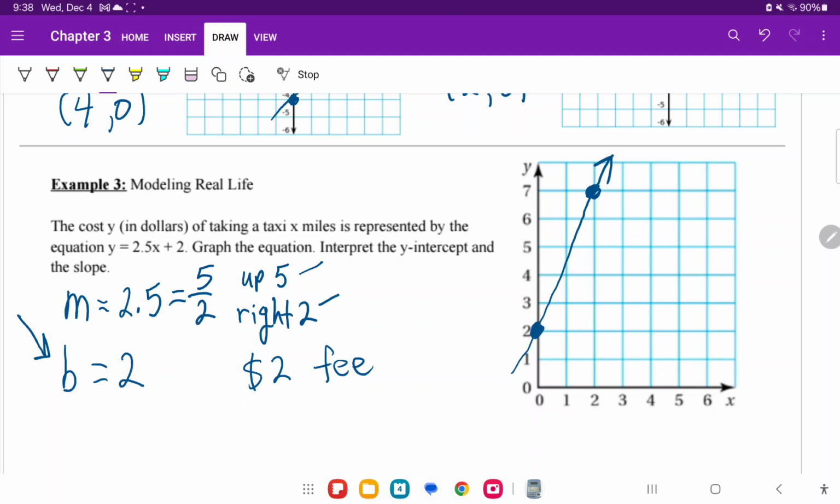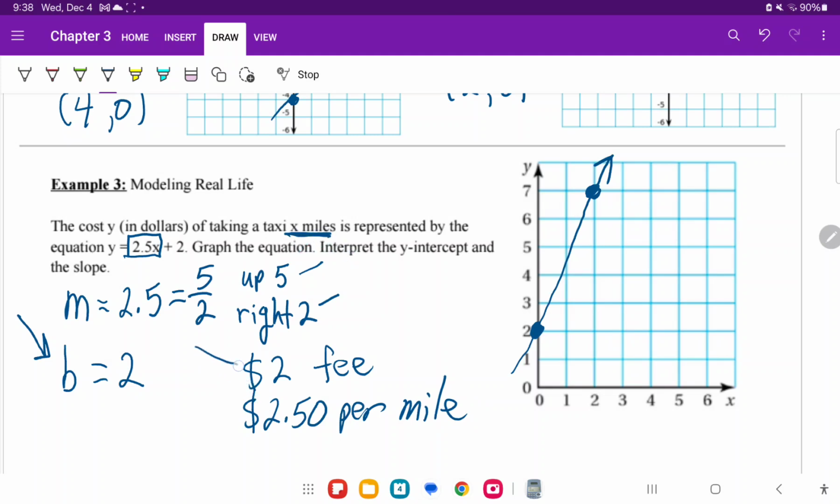Then the slope here, 2.5x, means $2.50 per mile. So remember, x is miles.